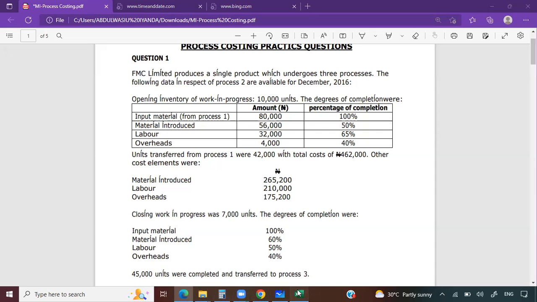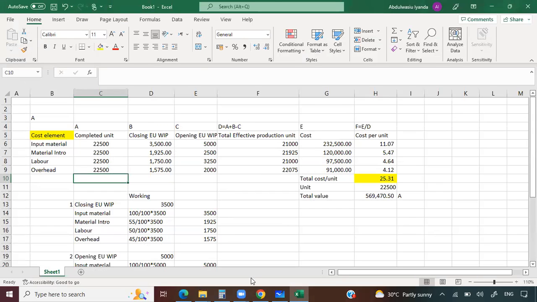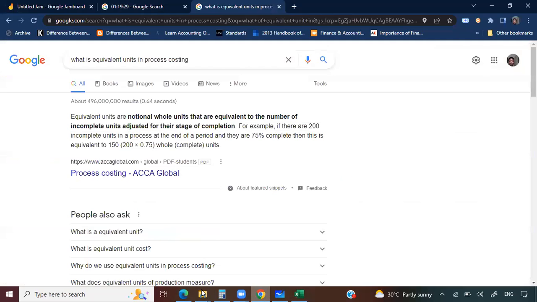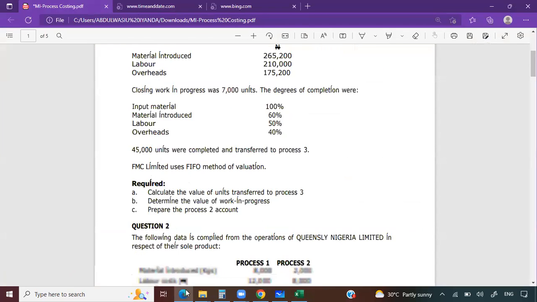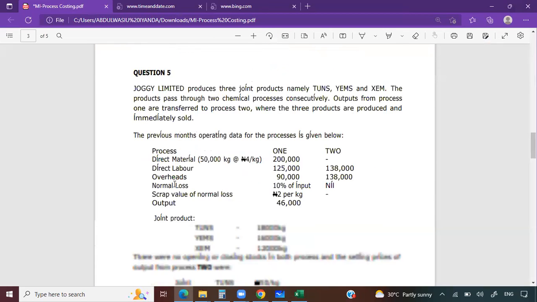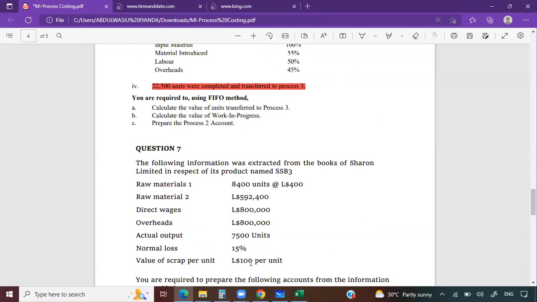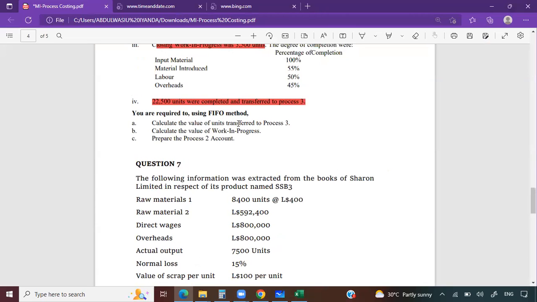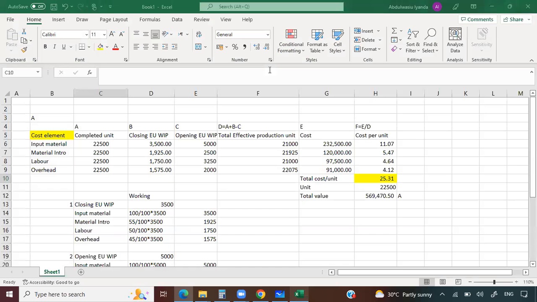The first requirement is that we should calculate the value of units transferred to process 3. The last additional information is already informing you that what you transferred is 22,500 units. What is now the value of what you transferred?